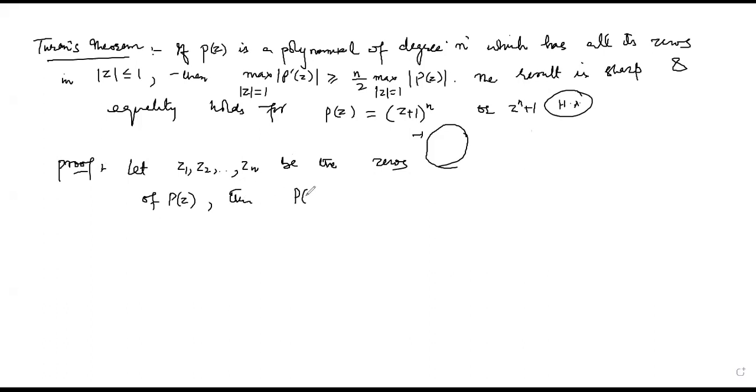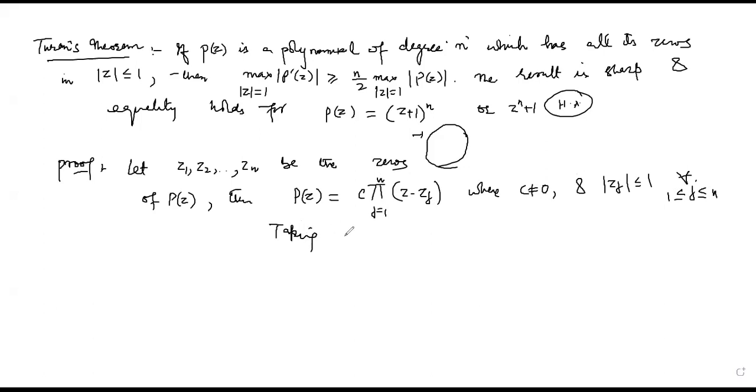Then we can factorize it as c times the product for j from 1 to n of (z - zj), where of course c cannot be 0 because it is the leading coefficient, and |zj| is less than or equal to 1 for all j between 1 and n. Now, as usual, we take logs on both sides and differentiate.